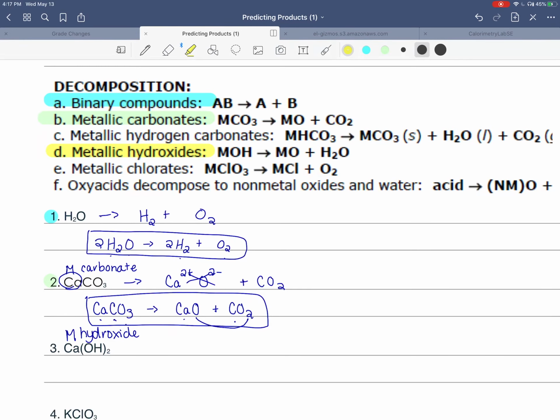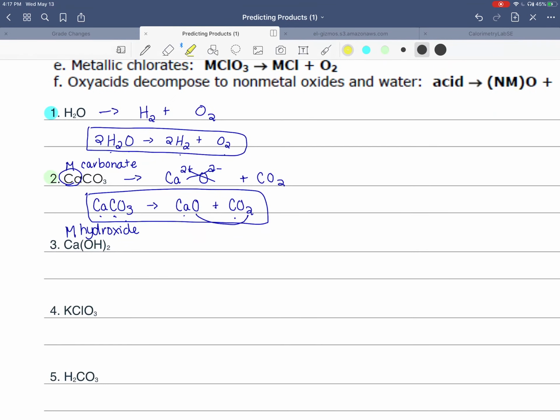So the metal we have is calcium. It's going to be a metal oxide, so we're going to bond it to oxygen in an ionic bond. And then we're going to add water. When we crisscross the charges, we know that they cancel out.